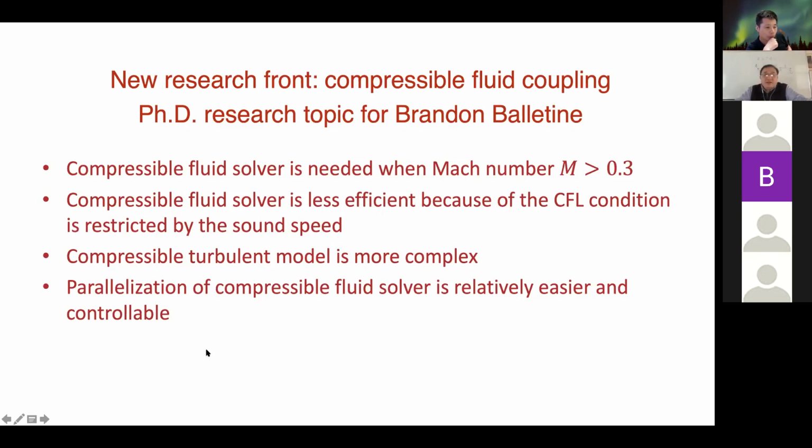One thing good about the compressible fluid solver is that it is relatively easier to parallelize, because the compressible fluid solver we use is an explicit method. The projection method for the incompressible fluid solver always contains implicit steps.